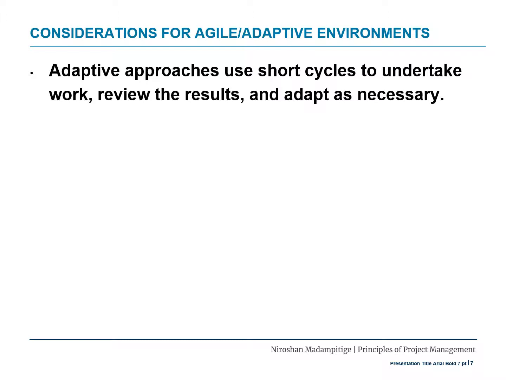You will be a facilitator, coach, and servant leader rather than a manager who will micromanage the people. However, as discussed, you need to master the tools and techniques and the mindset around traditional and adaptive environments in order to be successful.